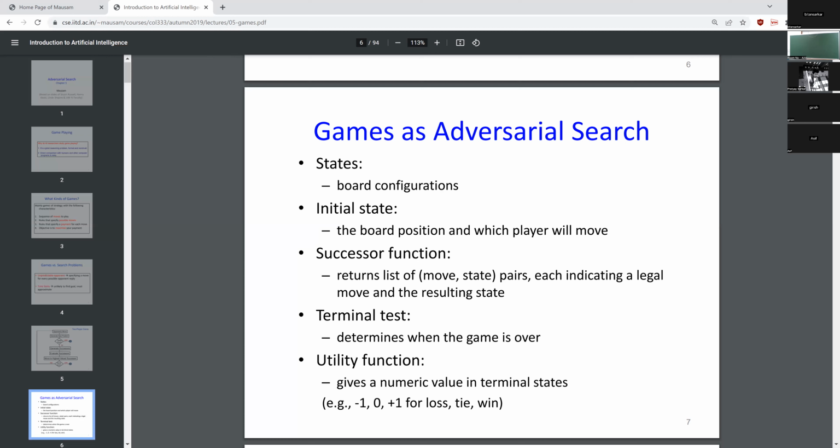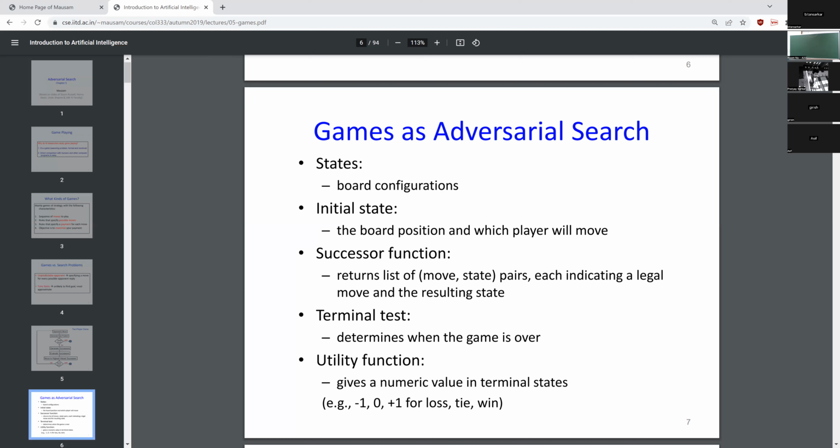A utility function takes a state of the game and it outputs a value, and that value is the evaluation of that state. Like in the last slide that we were discussing, it gives a measure of how good that state is for the AI agent. It gives a numeric value in terminal states.